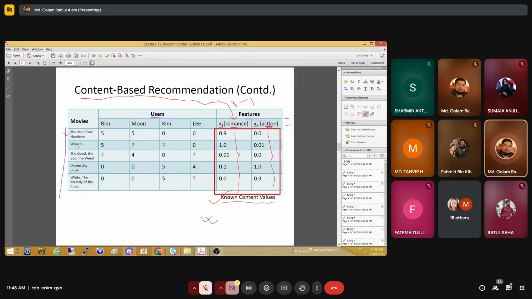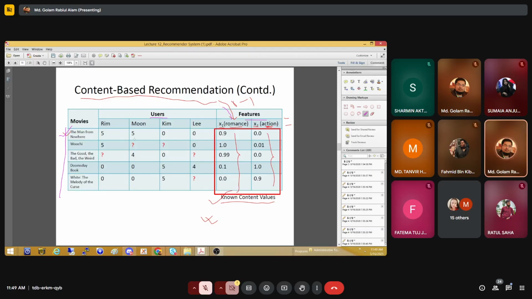What we have to do is find the feature values for each and every movie. Maybe we have two features, X1 and X2. X1 represents how romantic the movie is, and X2 represents how much action the movie contains.